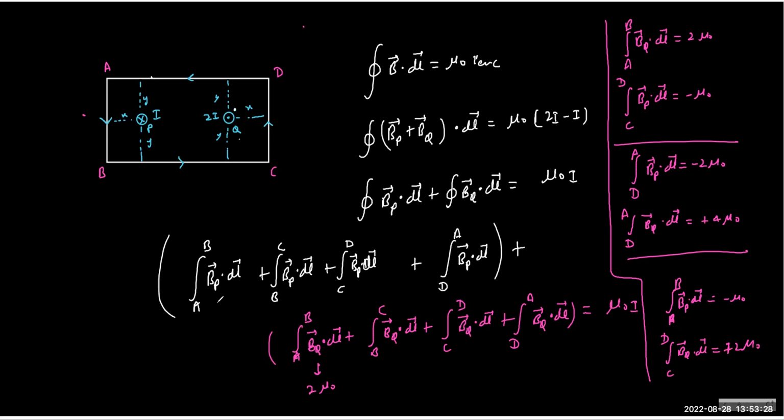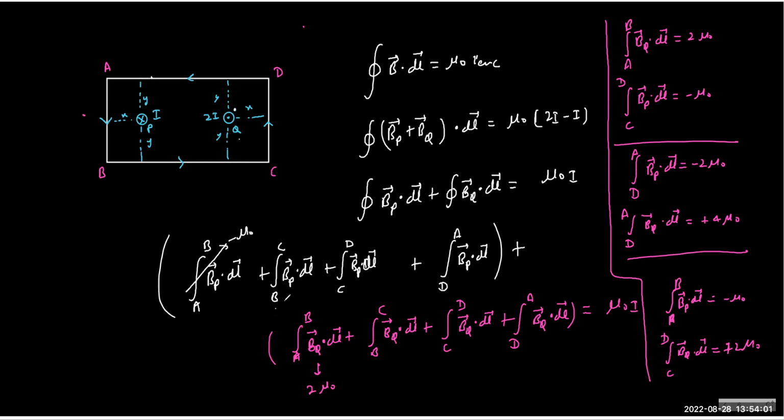So you see, BP A to B is how much? BP A to B is minus mu naught, right? Yes, sir. So BP B to C is how much? What is given to you? BP C to D is given as minus mu naught. BP D to A is minus 2 mu naught. So whatever D to A is, it is the same for B to C, isn't it?